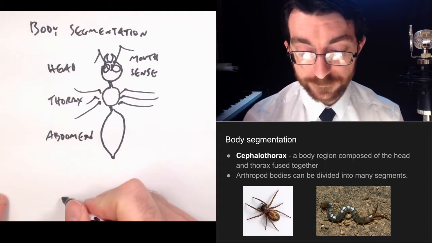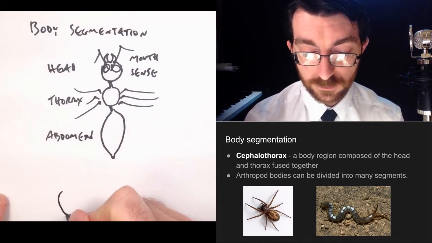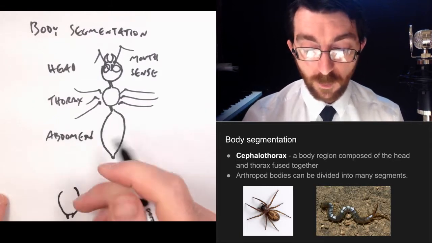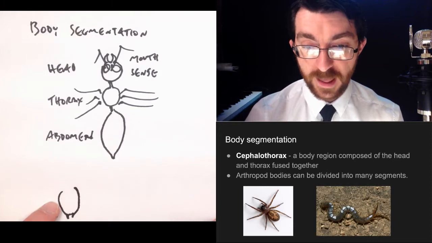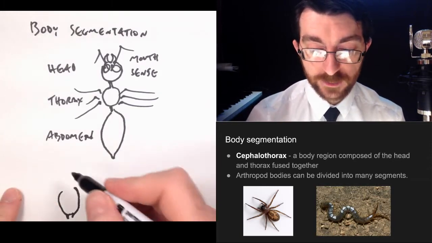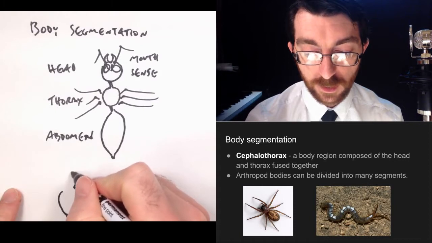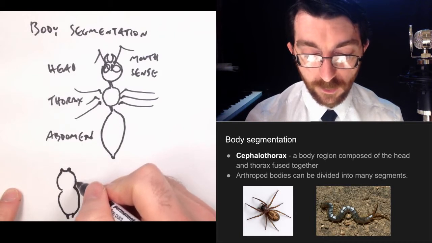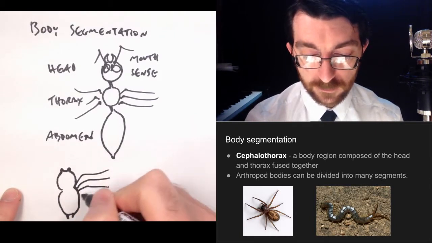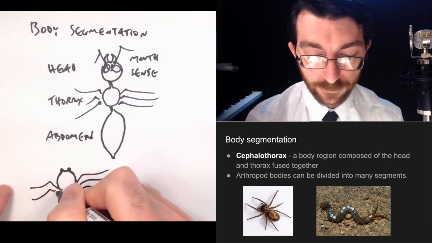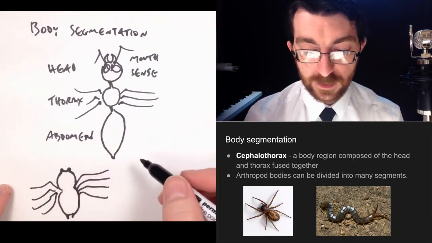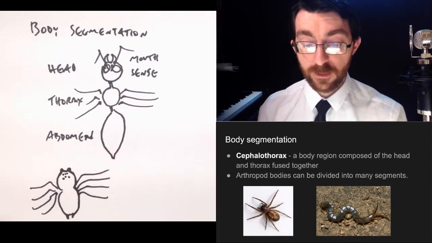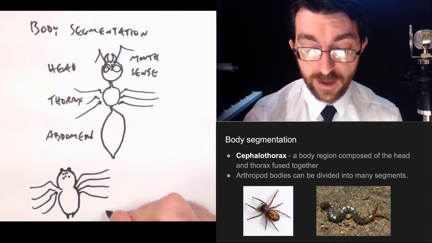So if I were to draw a spider, first of all, not enjoying drawing a spider, but I'm doing it for you. We've got an abdomen, but then they don't have a central thorax. They have just a second body segment, and all of the legs come out of there. So yeah, let's put some, there we go. Nightmares.